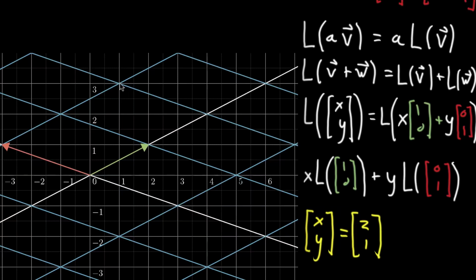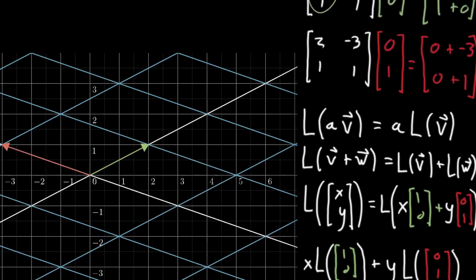Okay, so in terms of the old grid, the original one that we started with, it's now at the point 1, 3. But importantly, I want you to notice how it's still 2 times that green vector plus 1 times that red vector. So it's satisfying that property that it's still x times whatever the transformed version of that first basis vector is, plus y times the transformed version of that second basis vector.